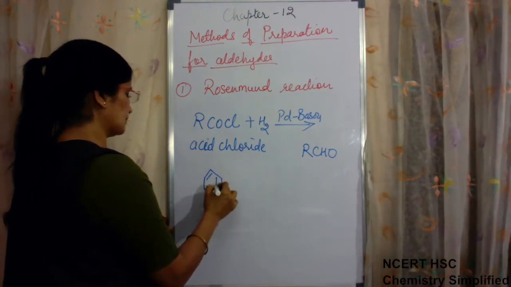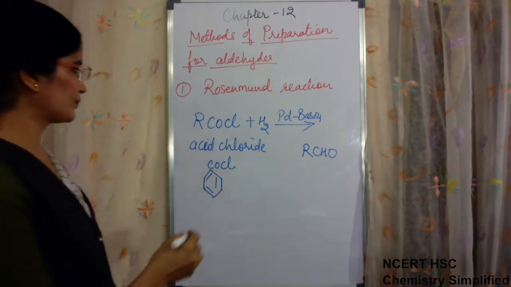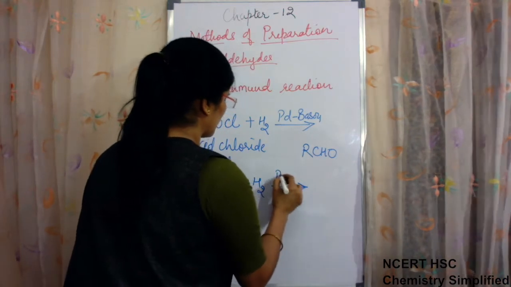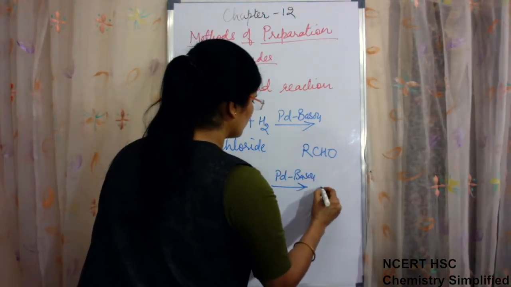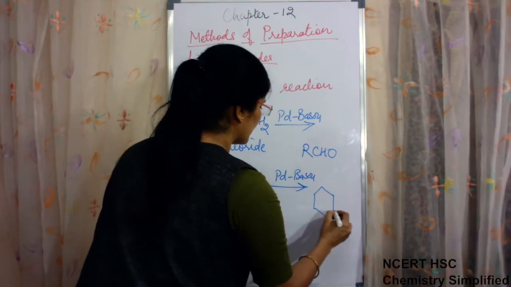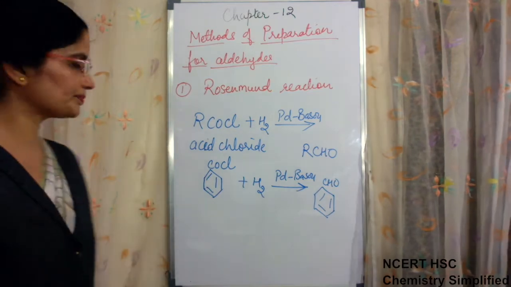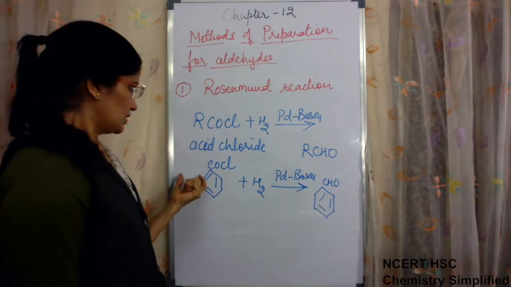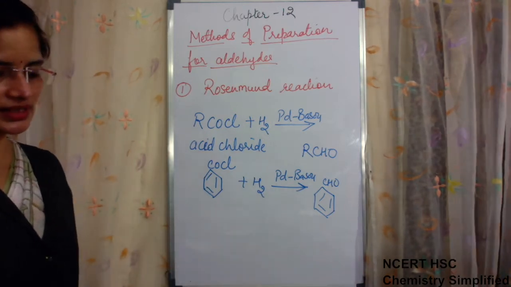By using aromatic acid chloride, they can also be reduced in the same reaction conditions to form aromatic aldehydes. Okay. So both aliphatic as well as aromatic aldehydes can be obtained by this method.